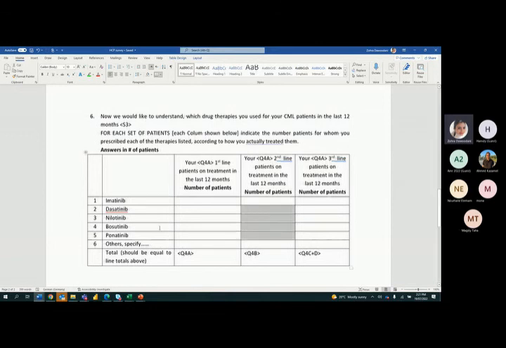And line 3, you would probably see the bosutinib, ponatinib. So first to be launched was imatinib, then dasatinib and nilotinib came in the market, and then the new drugs came in. So you will see more patients to the least patients in this order.